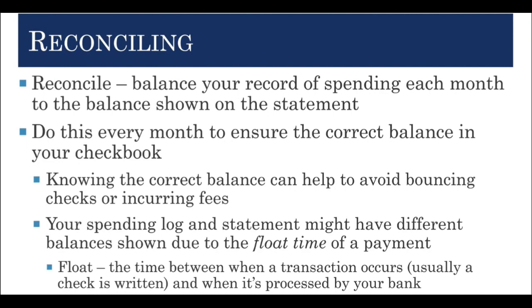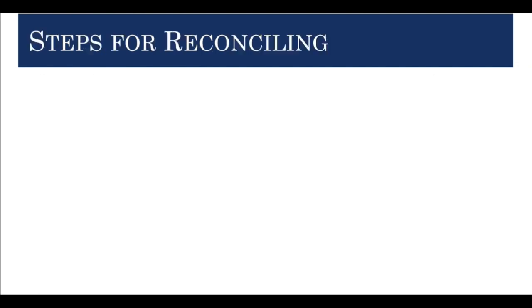And so it wouldn't show up on the statement yet. It wouldn't show up on those lists of transactions. So the point is, just understand that the amount that shows up on your online banking or on your statement might not be down to the penny. It might not be correct because of this float time, because of this delay between when a transaction occurs and when it actually shows up in your statement or when the money actually comes out of your account.